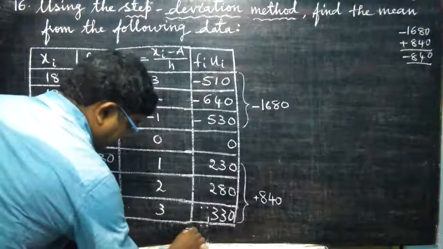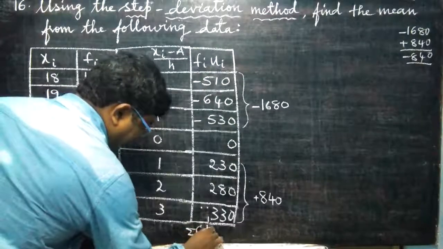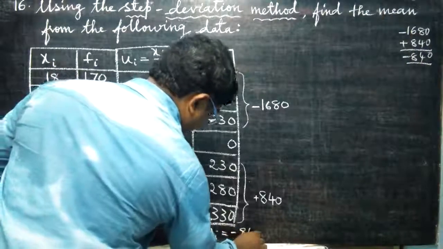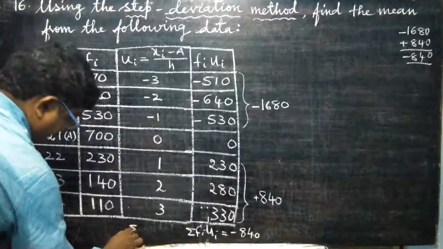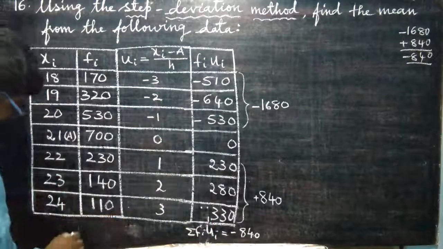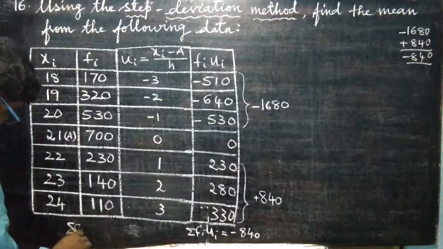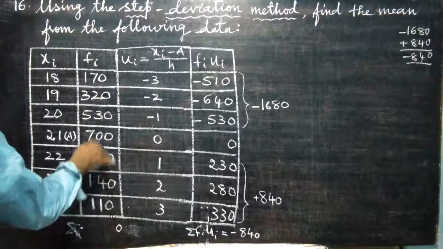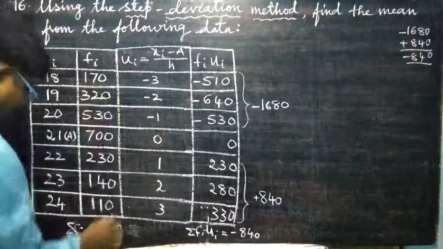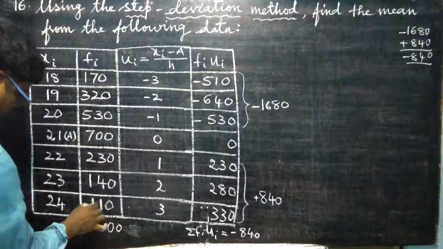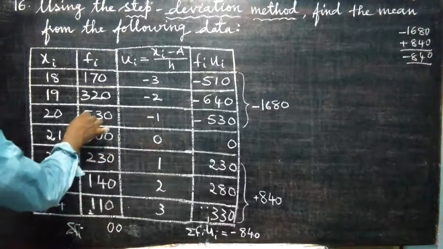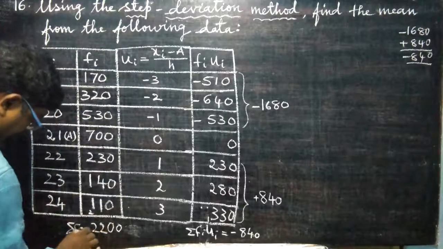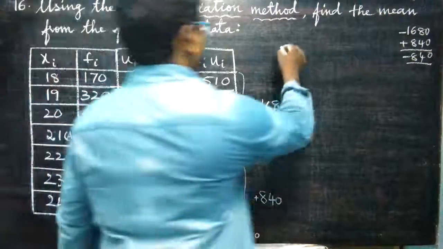So here sigma fi ui is equal to minus 840 after simplification. Now here sigma fi, add them: 5, 8, 11, 13, 20, and so on. So 2200 you got.